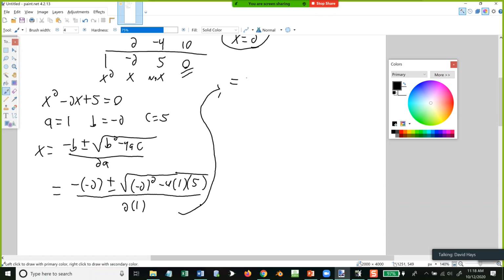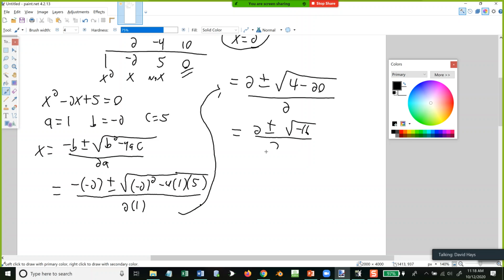Negative negative gives us positive. Negative 2 squared is 4. Minus 4 times 1 times 5 is 20, over 2. 4 minus 20 is negative 16 over 2. Now remember, a negative inside of your square root gives you an i, and square root of 16 is 4.